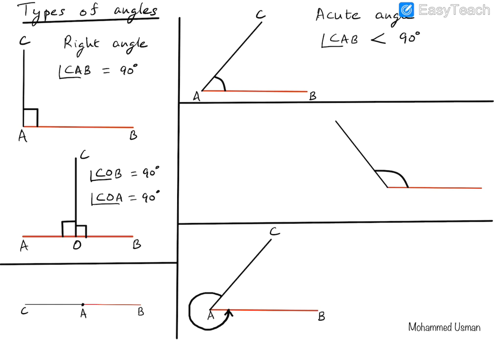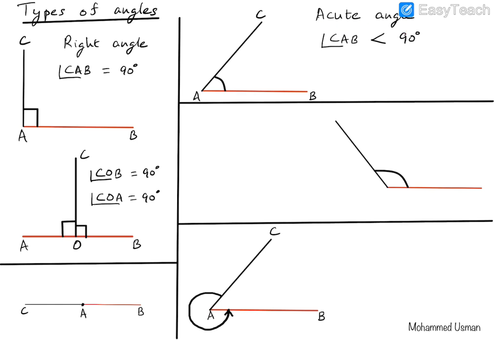So it can be anything between 0 degrees and 90 degrees. Okay, the moment it becomes exactly equal to 90 degrees, it becomes a right angle. And from 0 to 90 degrees, we call it an acute angle.